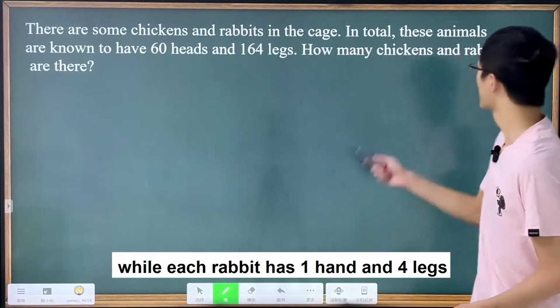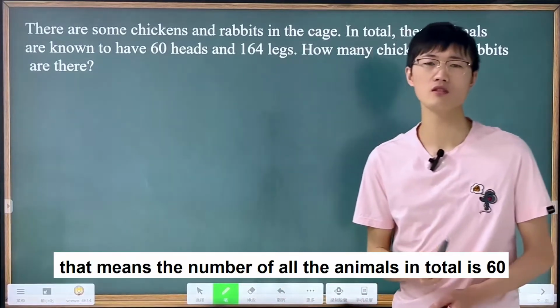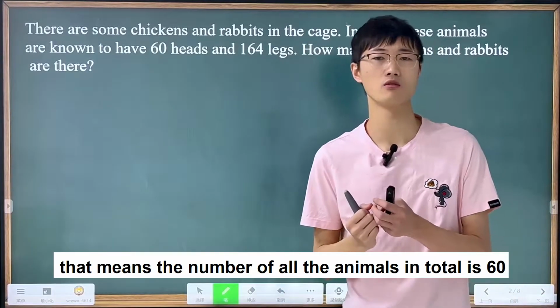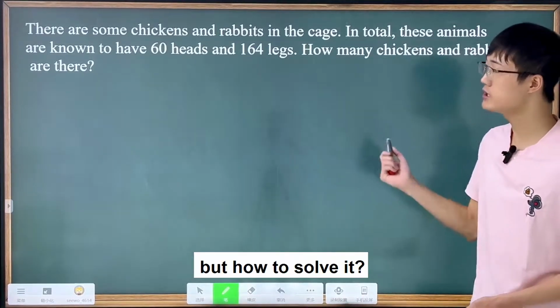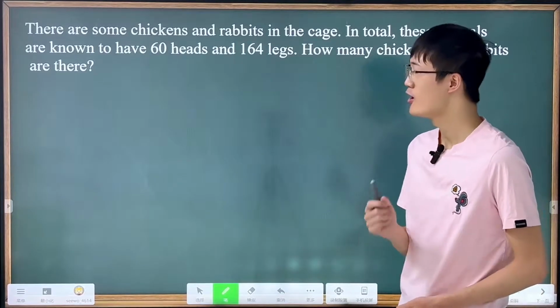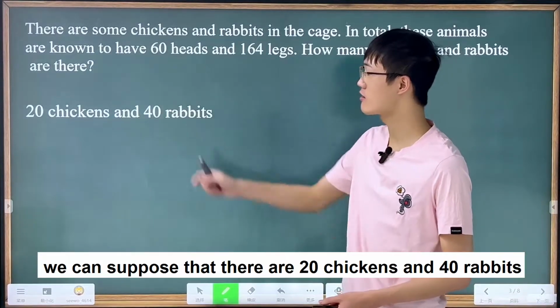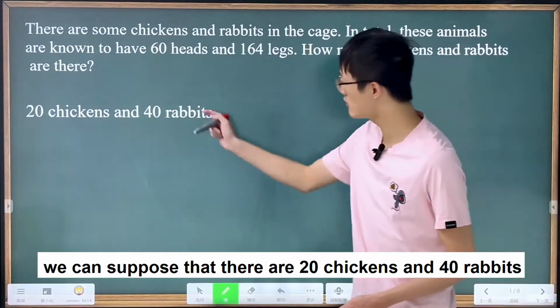So, these animals are known to have 60 heads. That means the number of all the animals in total is 60. But how to solve it? We may have a guess. For example, we can suppose that there are 20 chickens and 40 rabbits.